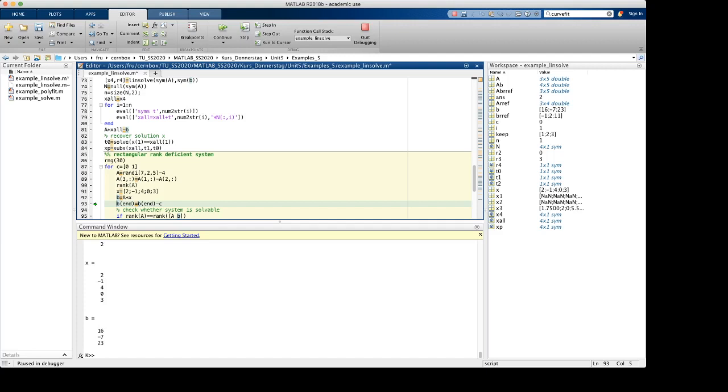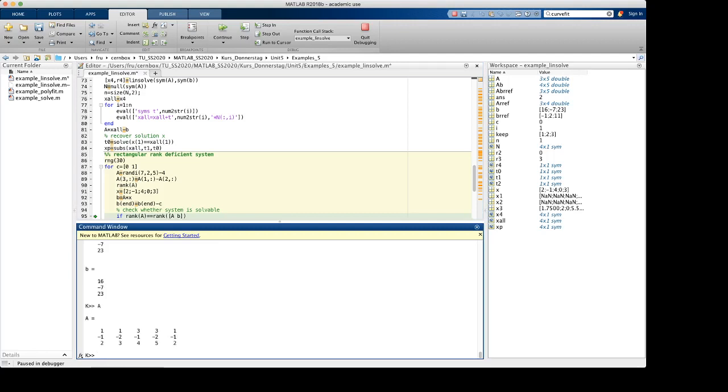Now, if c equals 0, then we will have solutions. If c equals 1, then there won't be solutions. How can we check that? Well, it's very simple. You just check whether the rank of A is equal to the rank of A and b appended. This is the system matrix A, and this is the system matrix with the right-hand side appended to it in the last column.